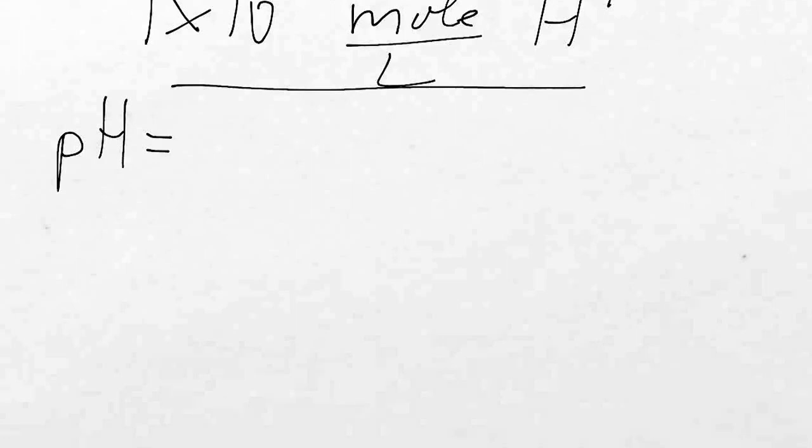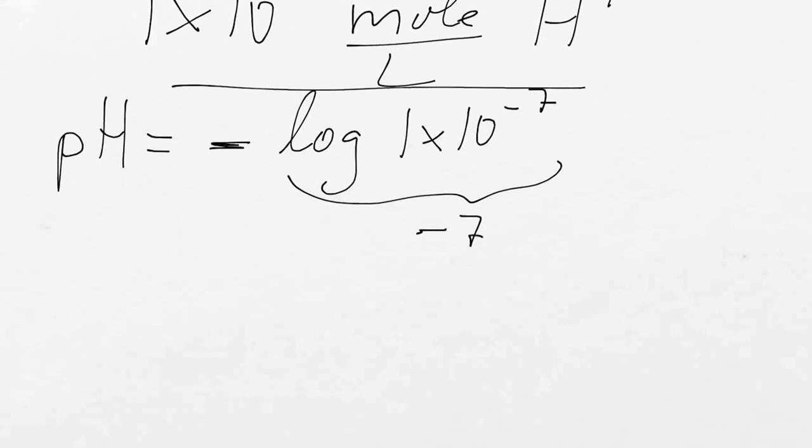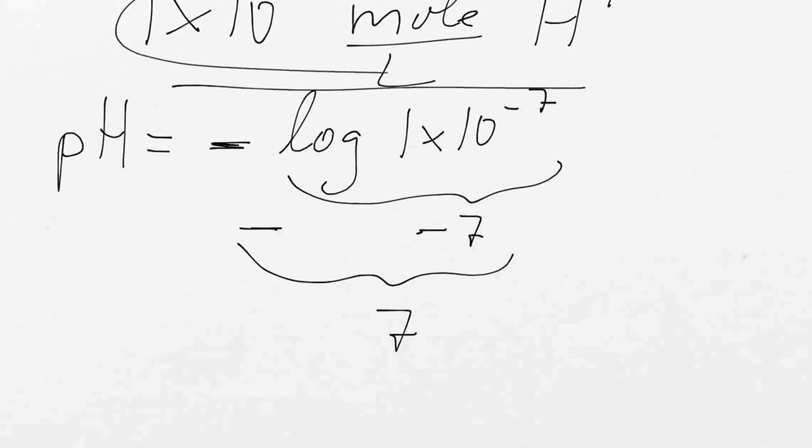Why? You're right. So all we need to do is minus log of 1 times 10 to the minus 7. This gives minus 7 times minus, so the pH is 7. The pH of pure water is 7, simply because we have this concentration of protons in water.